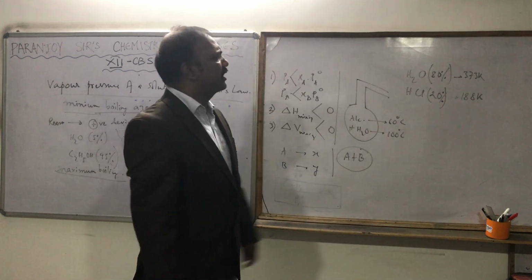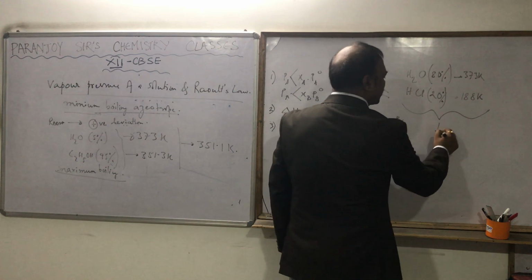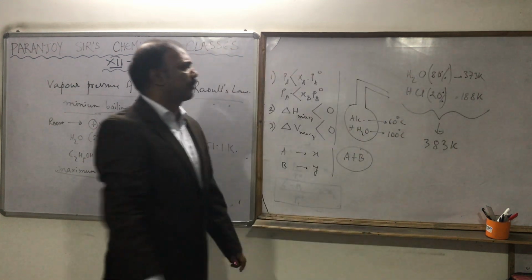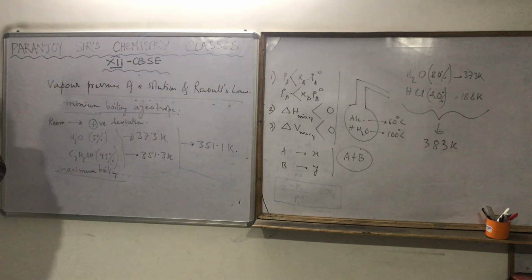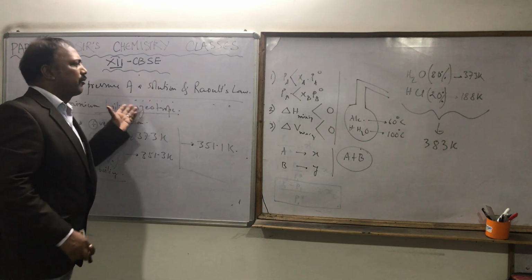But when you mix them in this proportion, the mixture is boiling at 383 Kelvin, which is greater than the boiling point of both. So this is a mixture showing the maximum boiling azeotrope.